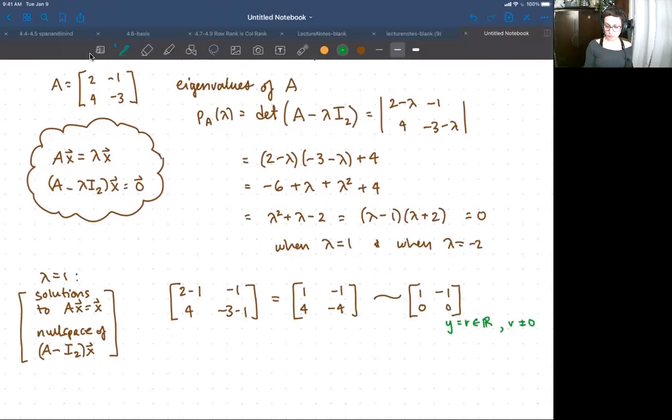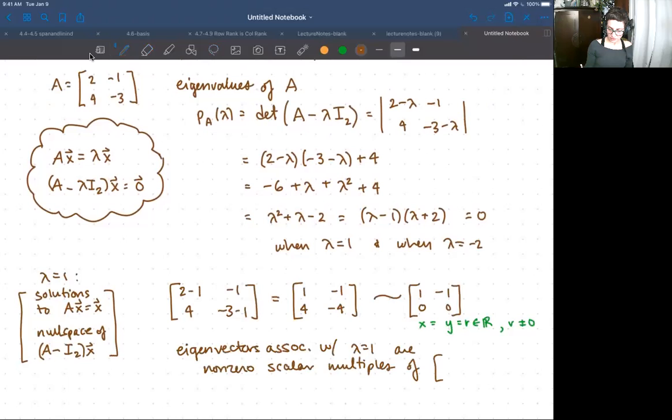And once we have that, the first row of this matrix tells us that x minus y is 0, so x is equal to y, which tells us that x is also equal to r in R, which means that our eigenvectors associated with lambda equals 1 are non-zero scalar multiples of (1, 1), right? Because they look like r times (1, 1), where r is a real number.